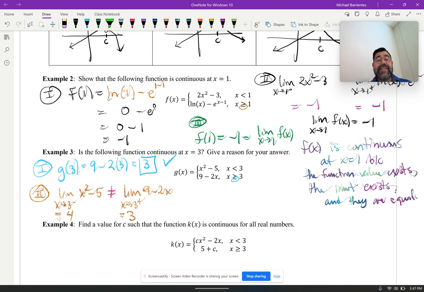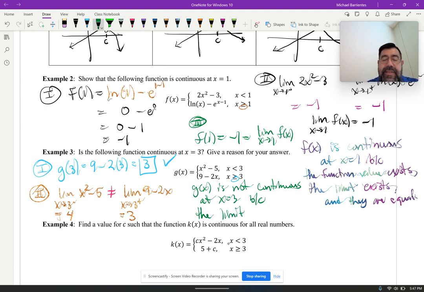So therefore, I can say with confidence that this function is not continuous at x equals 3 because it fails the second condition. So g of x is not continuous at x equals 3 because the limit does not exist.